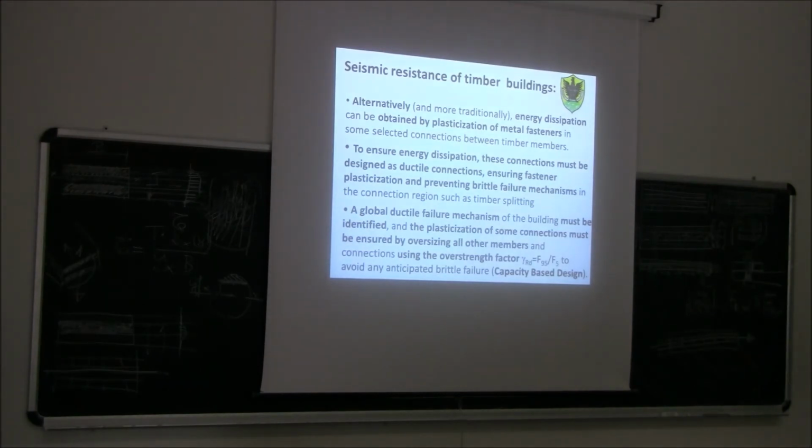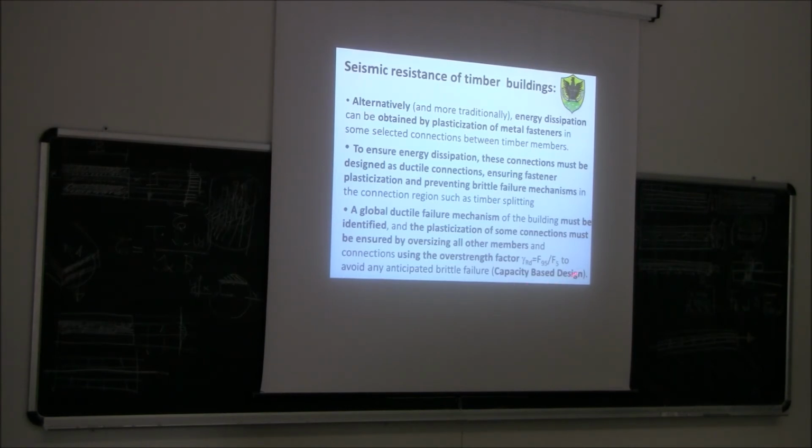And also these failure mechanisms which are not ductile will have to be designed for the overstrength of the ductile failure mechanism. Because we want to make sure, whether you use a Q factor of 3 or 5 or 4, that we never have a brittle failure mechanism in our fastener. Okay, is it clear?